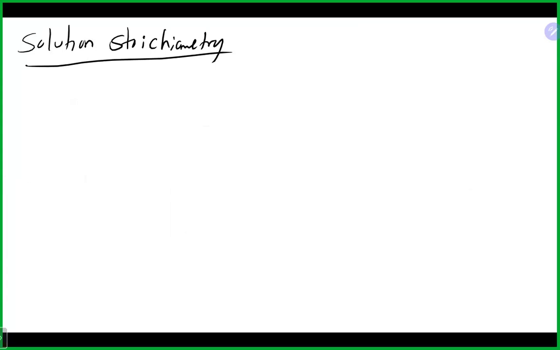So the next thing we talked about in this chapter was solution stoichiometry. Remember that solution stoichiometry, much like all other stoichiometries, works the same way.